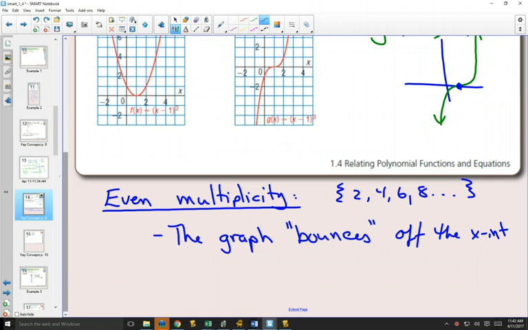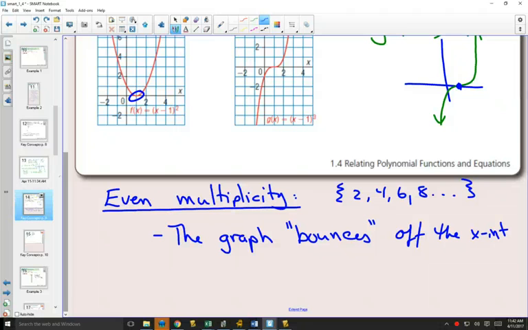off the x-intercept. So just like a parabola, like that (x minus 1) squared, right here is our x-intercept, but instead of going through the x-axis, it bounces off of it and goes back up again. So anytime we have an even multiplicity, and it doesn't matter which even number it is, it'll always bounce off of that.